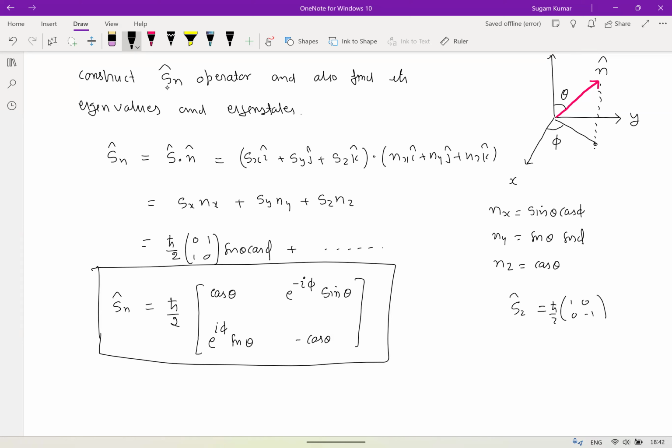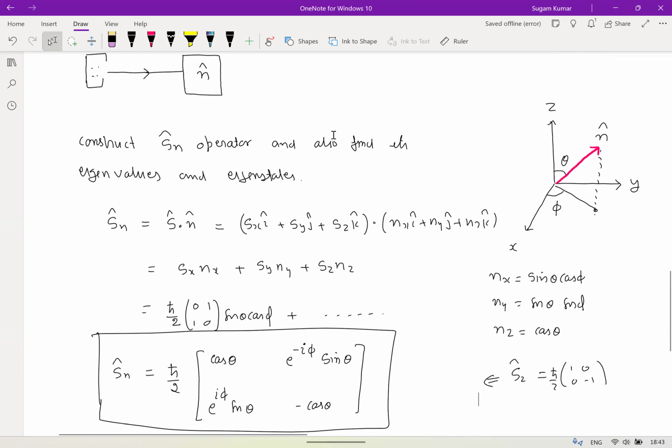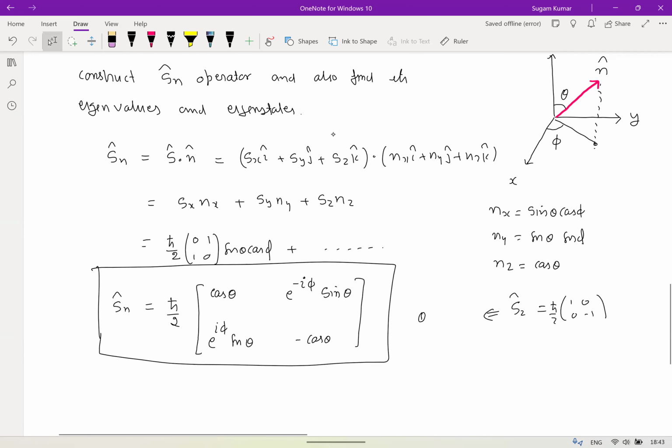But when this is along the n direction, it is written like this, and you can reconstruct the matrix. When you talk about Sz, theta must be 0 and phi must also be 0, and you will get the same value.